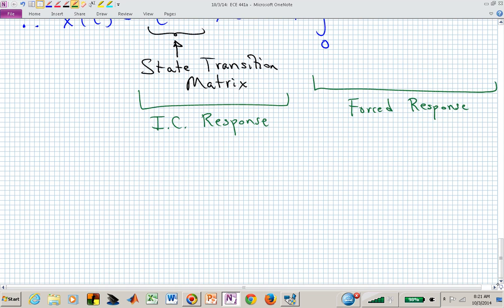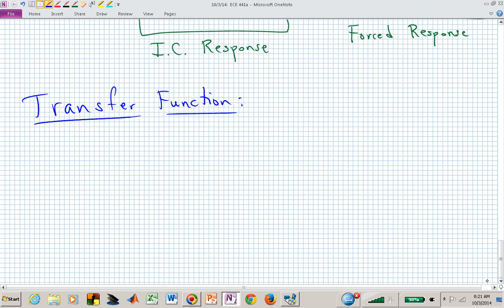To obtain the relationship between input and output, we then need to remind ourselves the relationship between the state vector and the output vector. That was simply y of s was c times x of s.